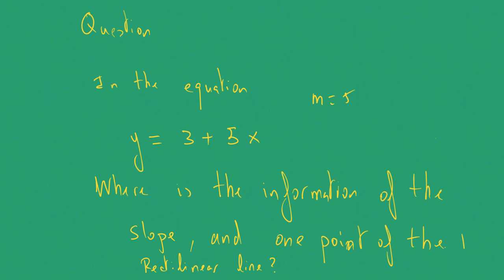The other question that they can ask you is, when x equals 0, what is this distance? Well, you place x equals 0 here, and for this particular equation, y equals 3. So this distance in this case is 3.